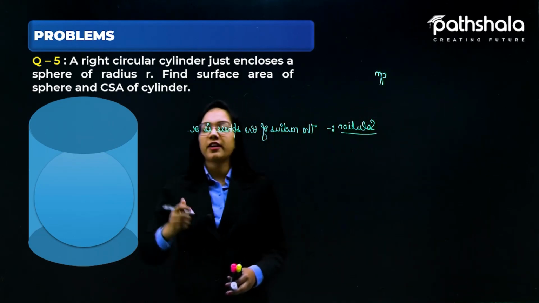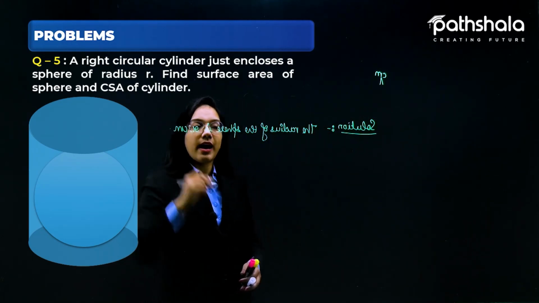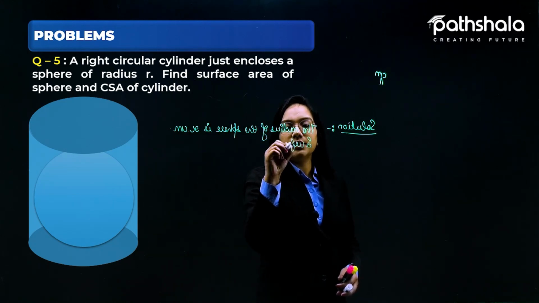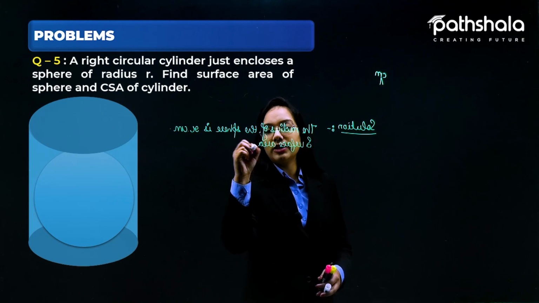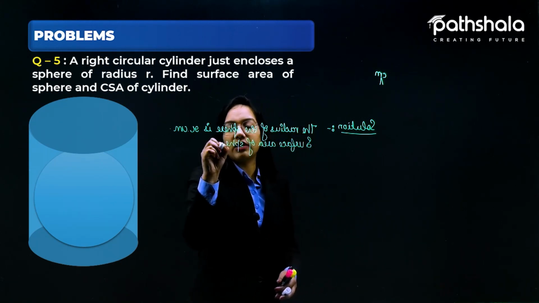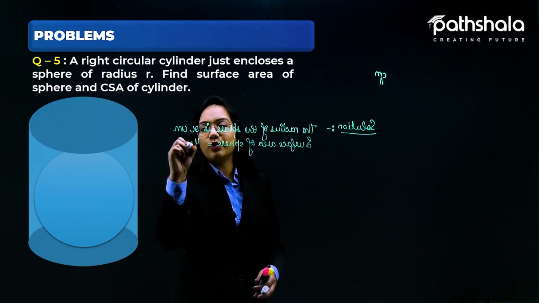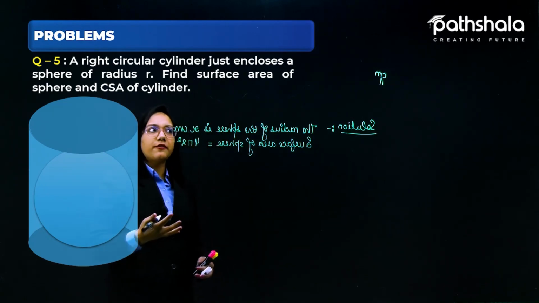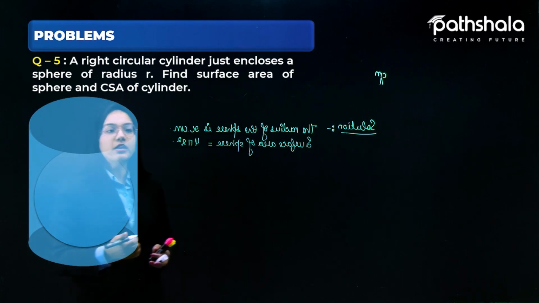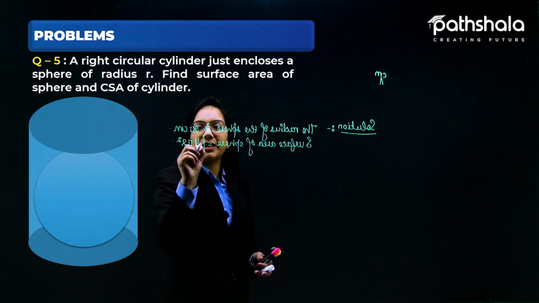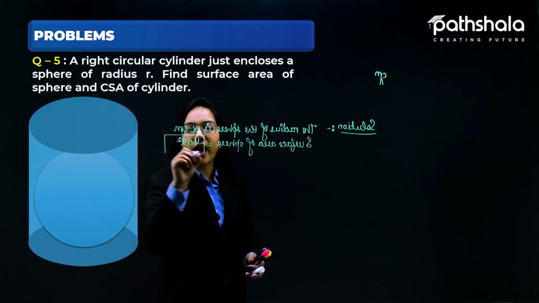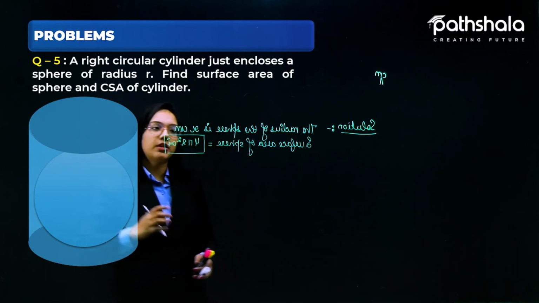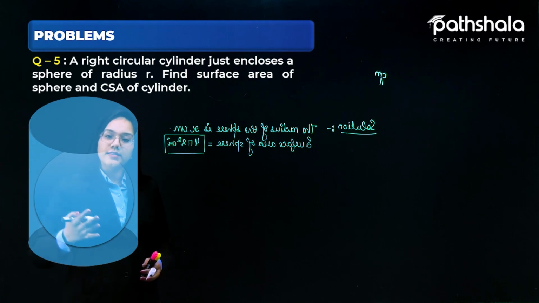So the radius of the sphere is r centimeter, and first of all we have to calculate the surface area of the sphere. The surface area of the sphere is equal to 4 pi r square, and since the radius of the sphere is already r centimeter, the answer remains the same, 4 pi r square centimeter square. This is the surface area of the sphere.